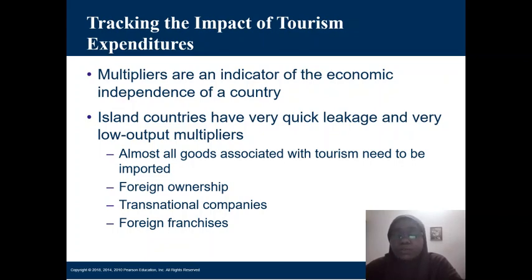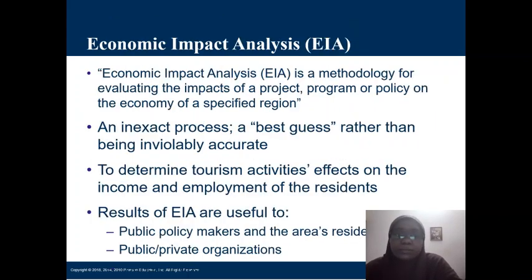Foreign franchises are also one of the reasons that cause leakage, because as much as you make your money as a tourism supplier or provider of services, if it's under a franchise, then you need to pay the franchisor too. As you are earning income, you continue paying your levy to the franchisor. So all these are things that can bring about leakages to tourist destinations.